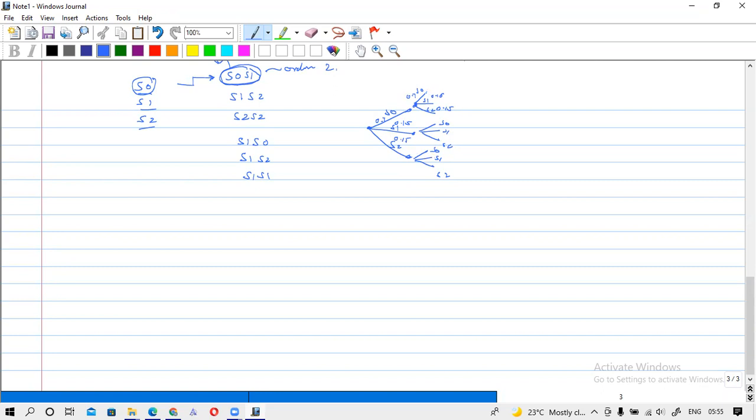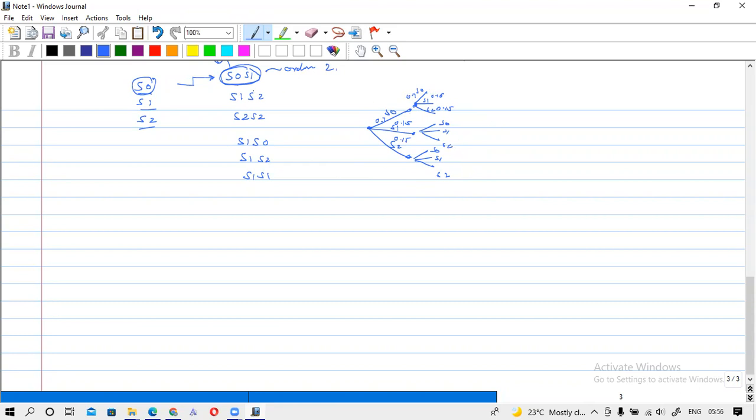So you will get 9 combinations, and these 9 combinations are all the combinations for our system.